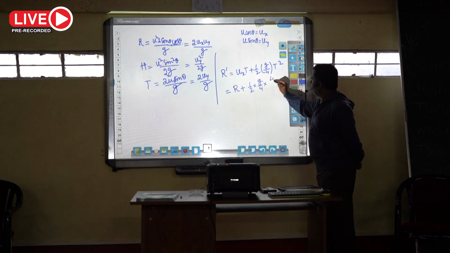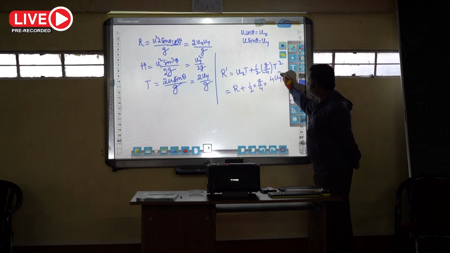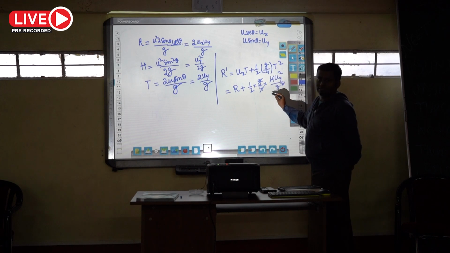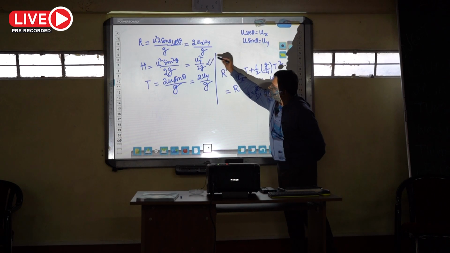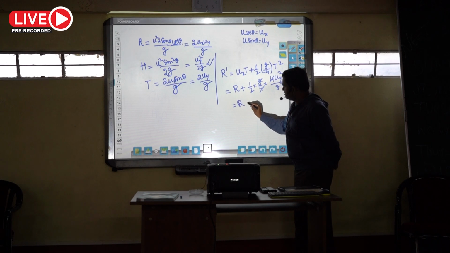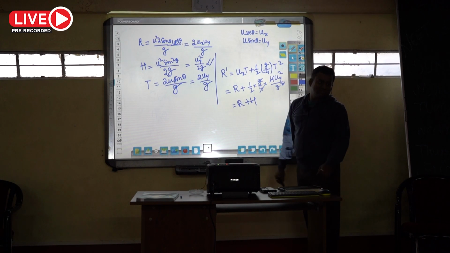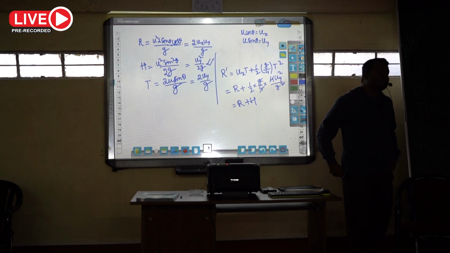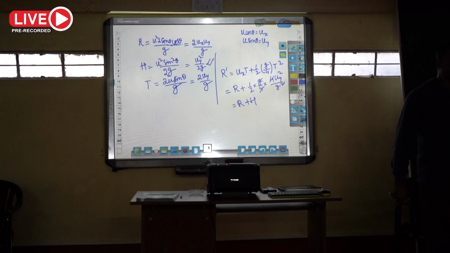Put 4uy square by g square. Check what it gives: uy square by 2g, this one. So the new range will be the previous range plus another part that is equal to the maximum height. So the height remains the same, only the range increases.